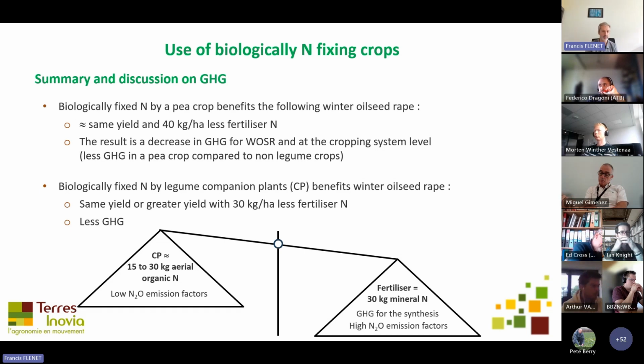The second reason is that the emission factors for organic nitrogen are lower than the emission factors for mineral nitrogen. And the difference also results from the greenhouse gas used for the production of mineral nitrogen.